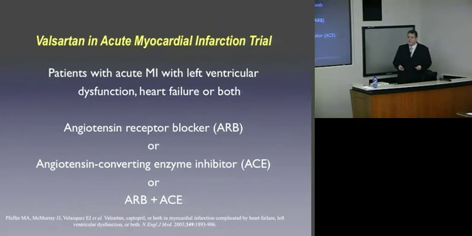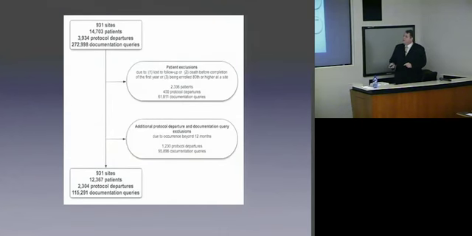We were very interested in this trial because it's universally thought of as a very well-run clinical trial, and a large but relatively simple one, not from the logistics but from the intervention. And just to remind you of the scope of VALIANT: 931 sites, 14,703 patients, and almost 275,000 queries.